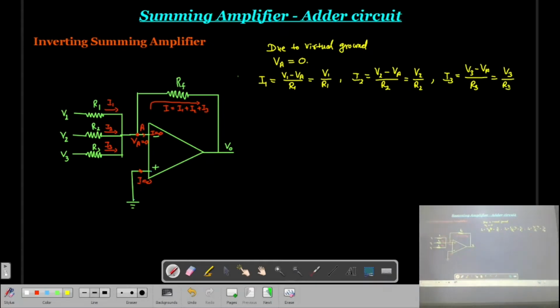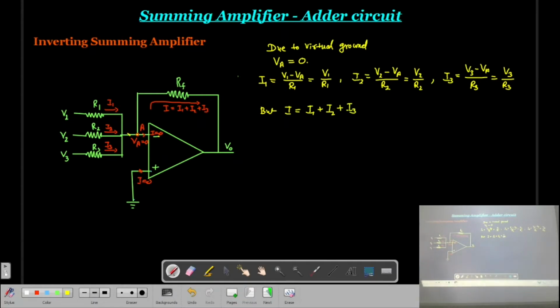So we have calculated the current in each resistance. Now this current is coming to point A, but the current inside the operational amplifier is 0. So the total current is going to pass through the resistance RF. So we can write that I is equal to I1 plus I2 plus I3.